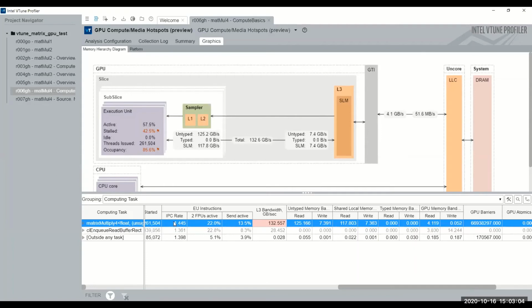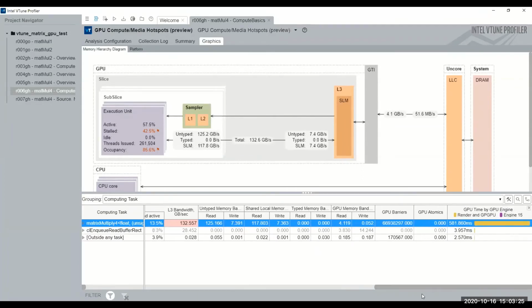You might notice that there is an IPC, instructions per cycle, rate calculated, which is not that low, but still far from ideal, which would be 2. There are some additional metrics regarding the data. It's indicating that it's very close to the limits for bandwidth with level 3 cache in the GPU.